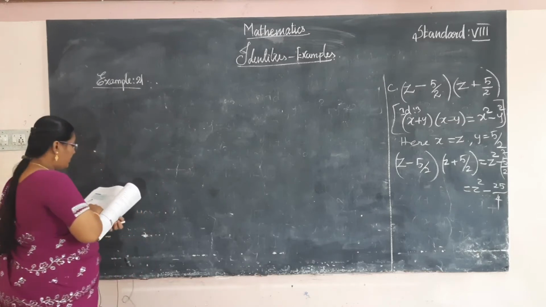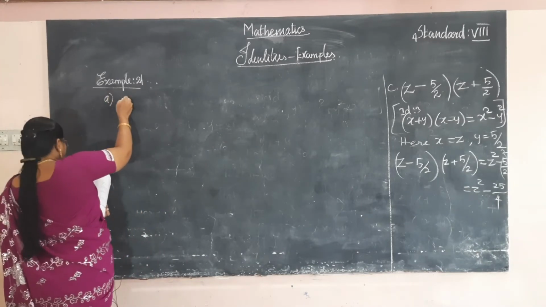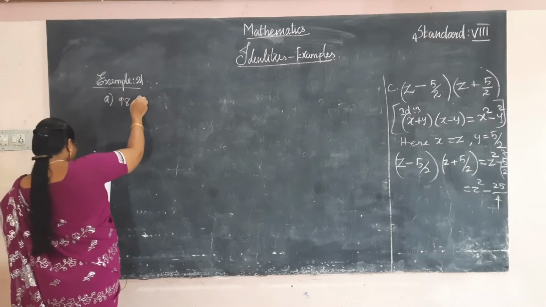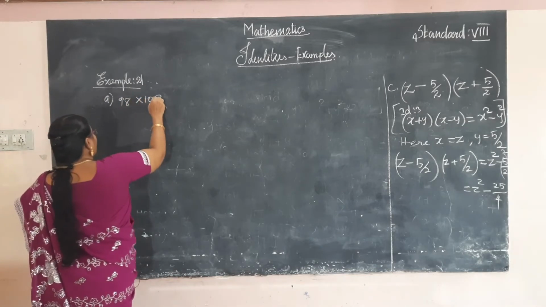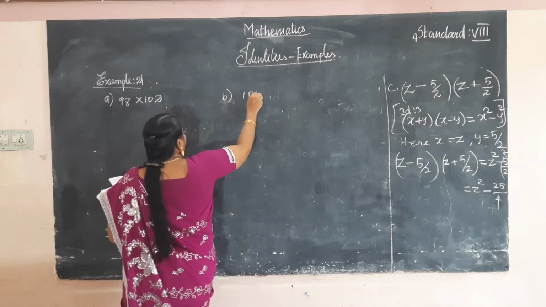Evaluate without actual multiplication. The numerals given are (a) 98 into 102 and (b) 105 the whole square.